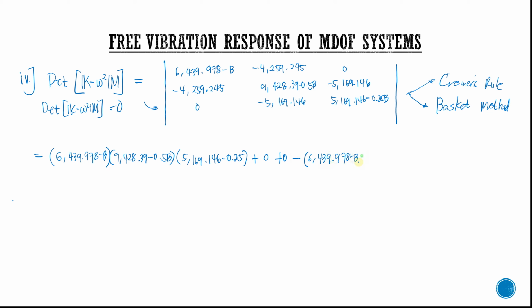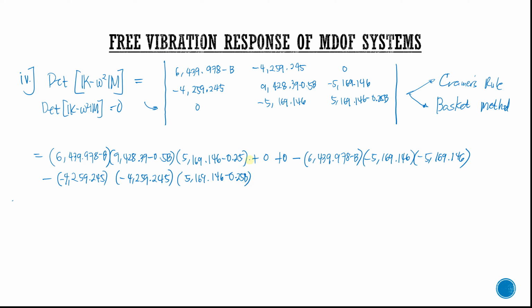6,439.978 minus b times negative 5,169.146 times negative 5,169.146, and minus negative 4,259.245 minus 4,259.245 times quantity 5,169.146 minus 0.25 b.